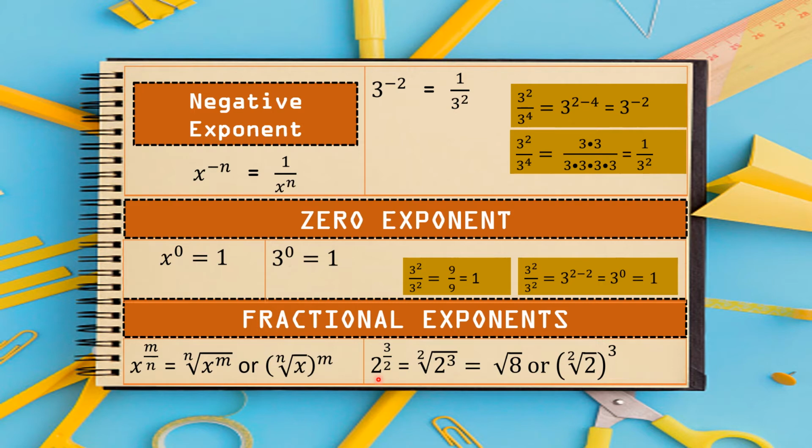Example, 2 raised to 3 over 2 is equivalent to the square root of 2 raised to 3. Normally, 2 as an index is not written. So it is read as the square root of 8 or the square root of 2 raised to 3.